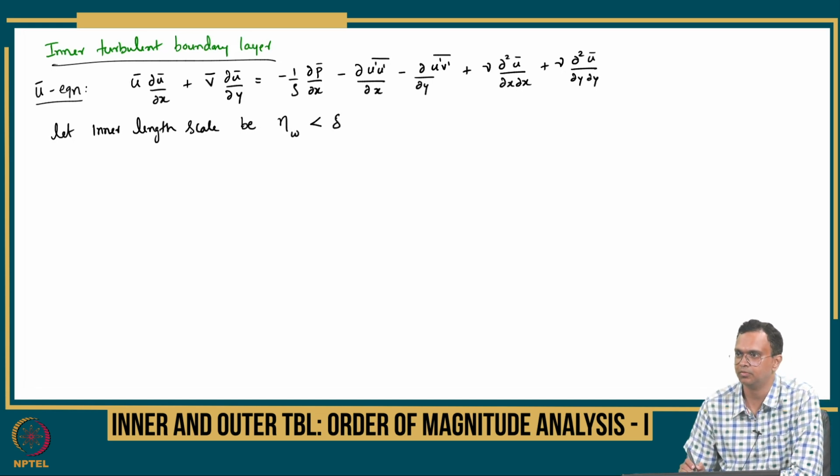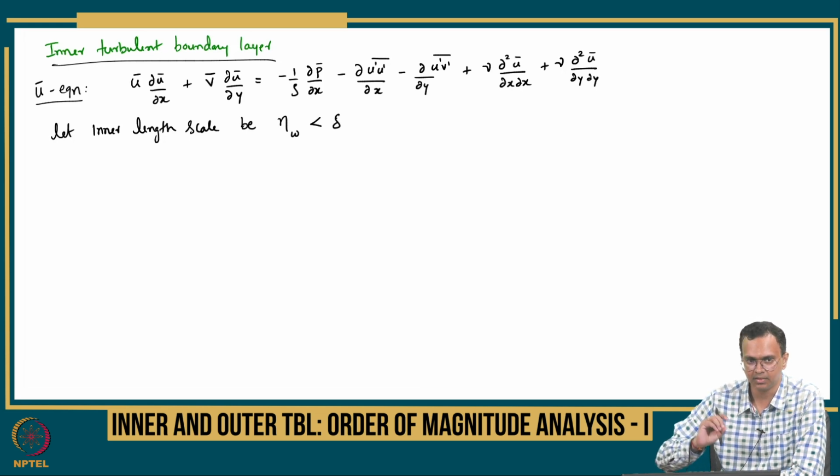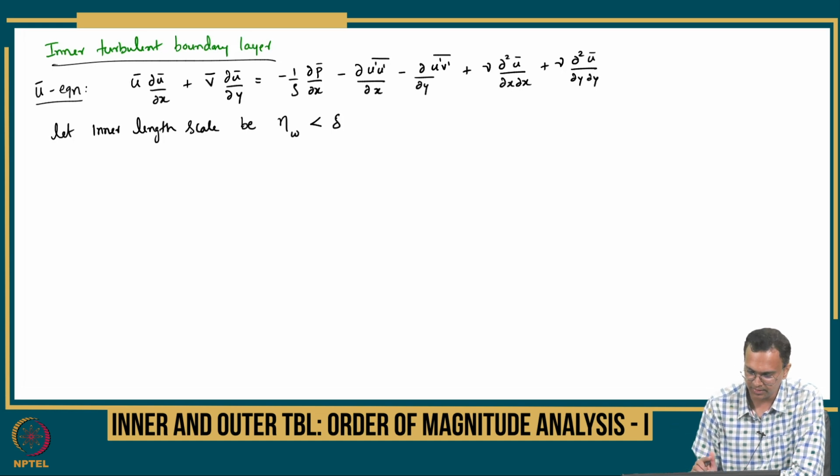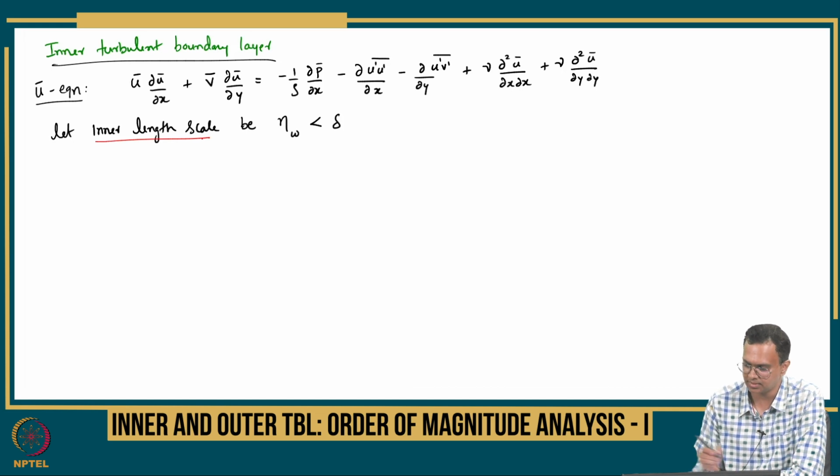So we are searching for a distance from the wall very close to it. Delta is much larger. Let's say eta W is an order of magnitude at least smaller than delta, a thin zone very close to the wall. We call eta W the inner length scale.